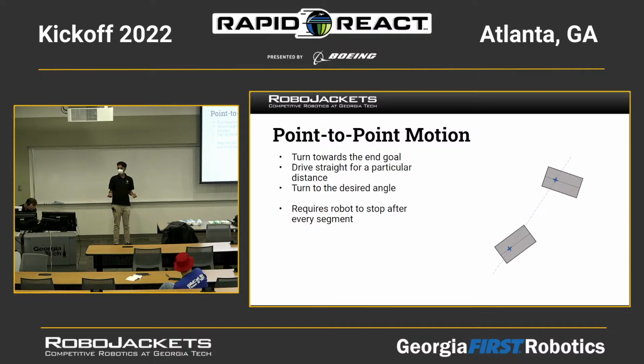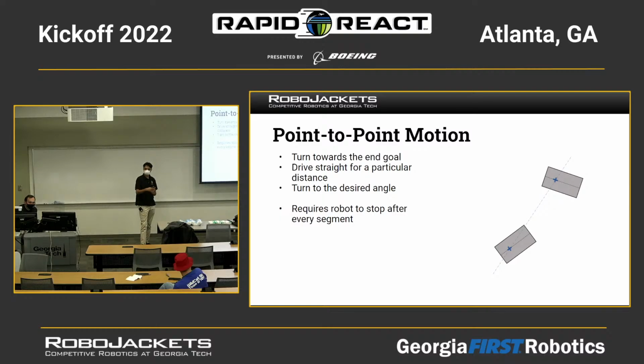So the first thing you might be tempted to do with the knowledge that you have gained so far, if you want to move from point A to B, then B to C, then C to D, is to string together a bunch of point-to-point motions. So your point-to-point motion is just, I'm starting at point A. I'm going to turn the robot until it points towards point B. I'm going to drive in a straight line for a particular distance.